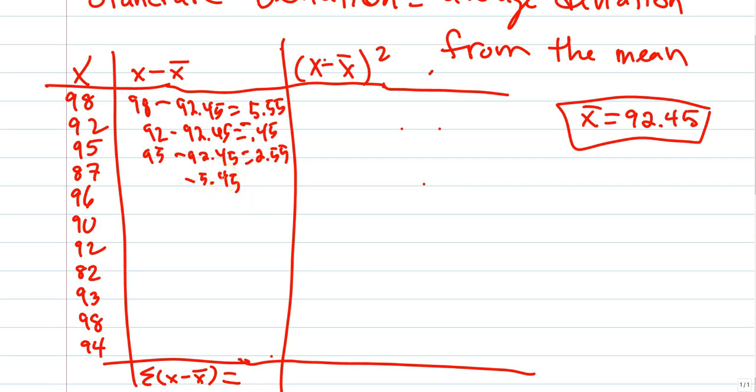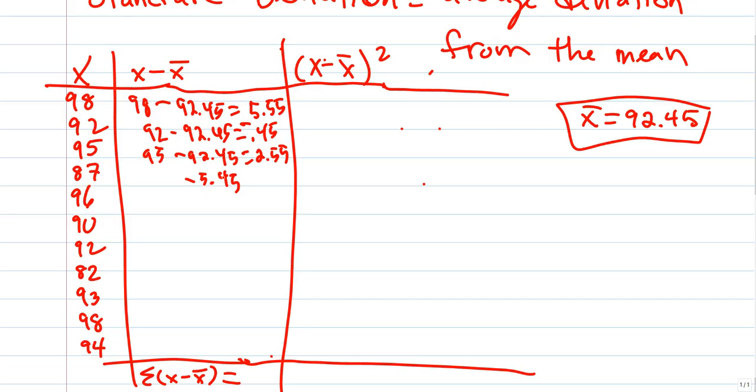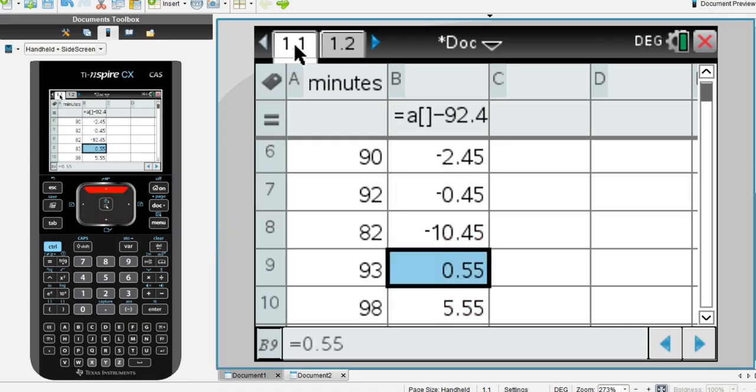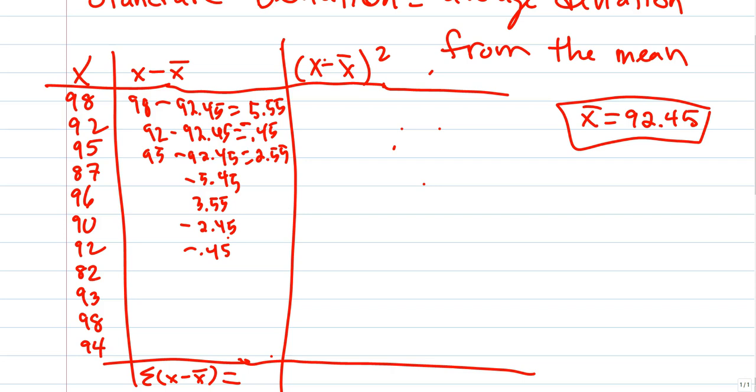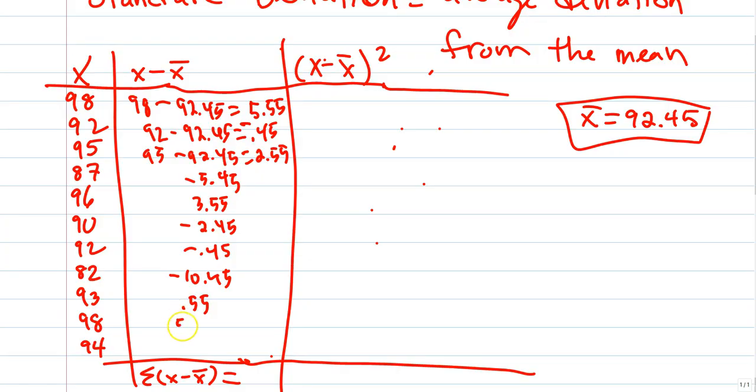The next one would be 3.55, negative 2.45, negative 0.45, negative 10.45, positive 0.55, just two left, 5.55 and 1.55.